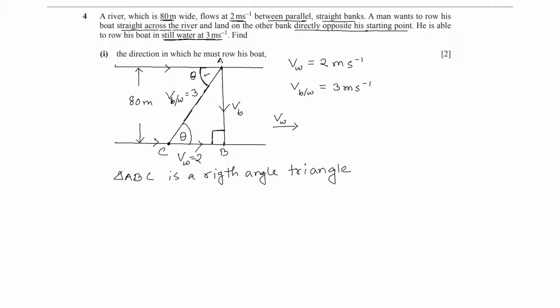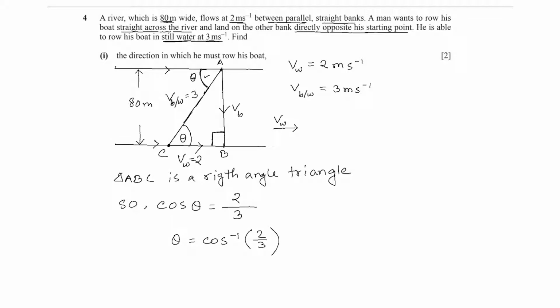Now using the cosine ratio, we can write that cos theta is equal to 2 over 3. By making theta as subject, we can write cos inverse 2 over 3, and using the calculator we can calculate the value of theta as 48.2 degree.